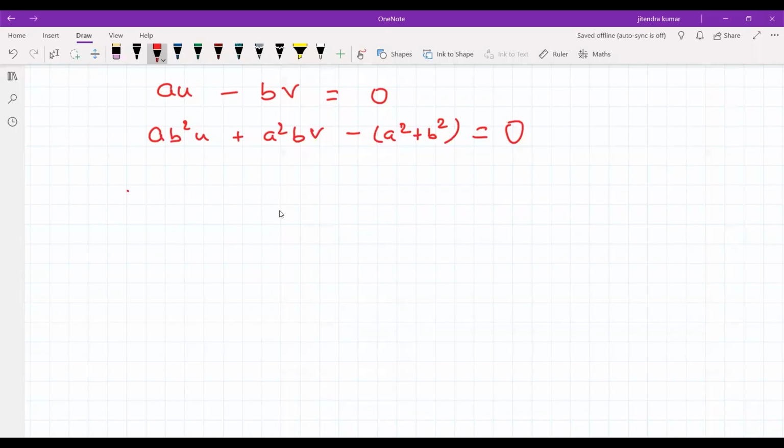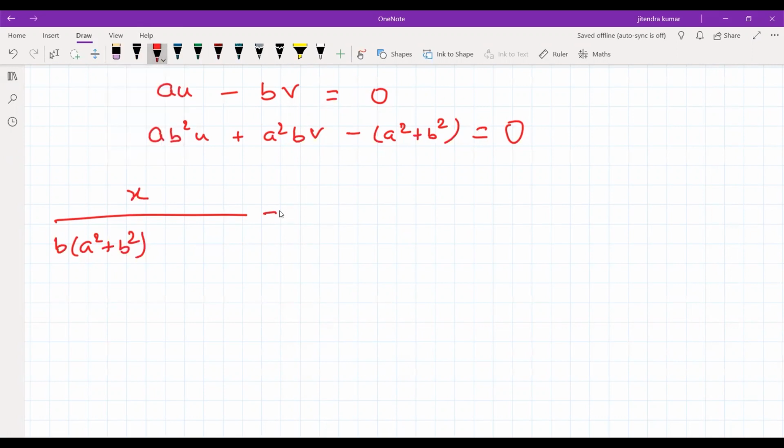This will be equal to x upon: minus b will get multiplied with minus of (a square plus b square), so let's write it in plus only. So b will get multiplied with (a square plus b square), minus a square b square will get multiplied with 0, which becomes 0 only. I'm not writing that part here.